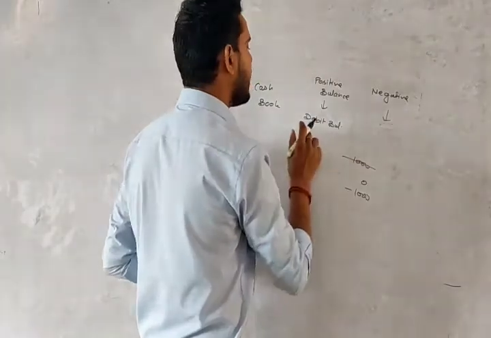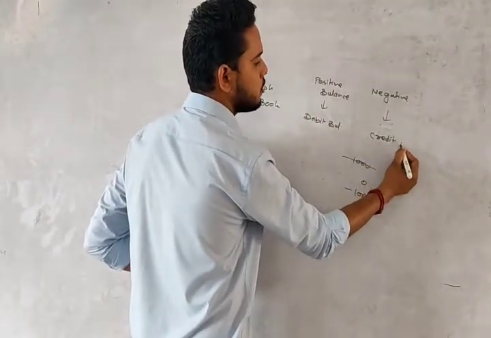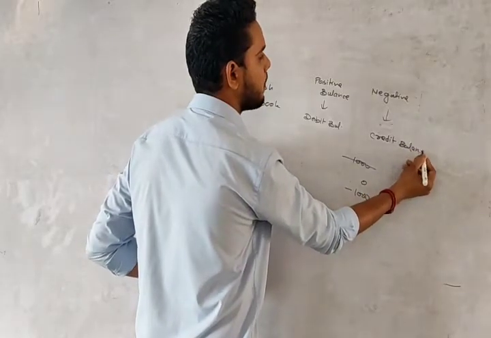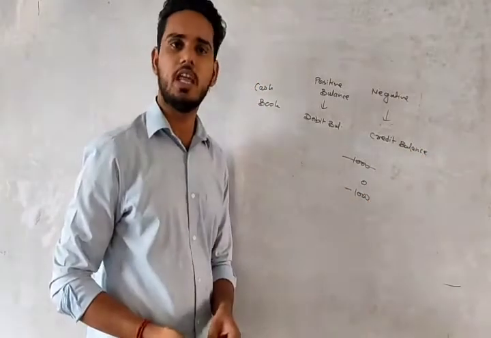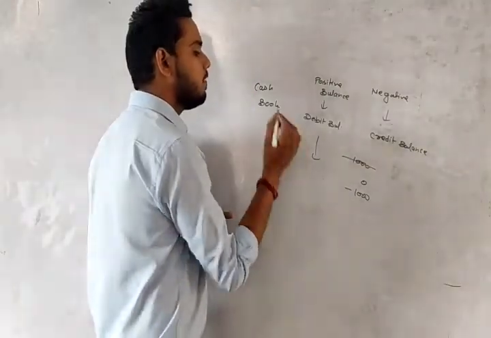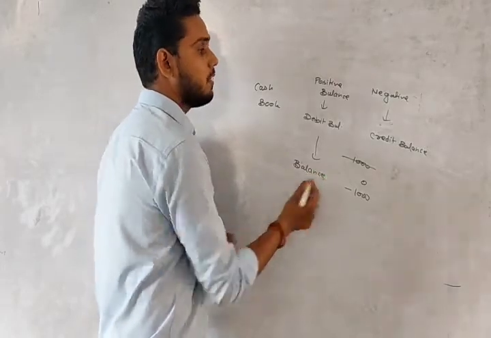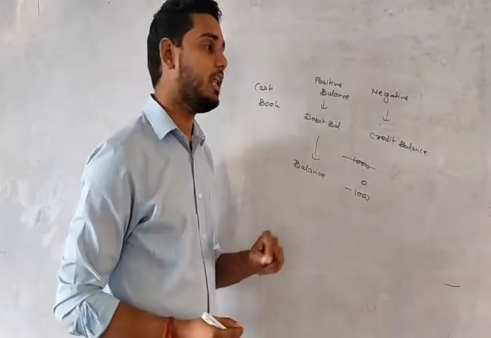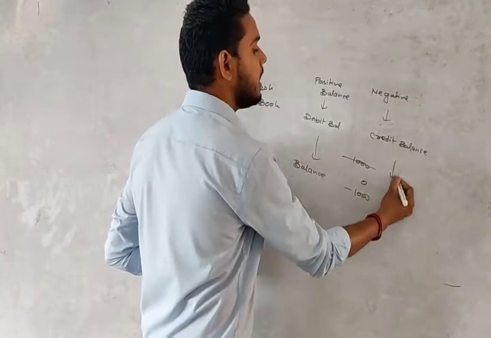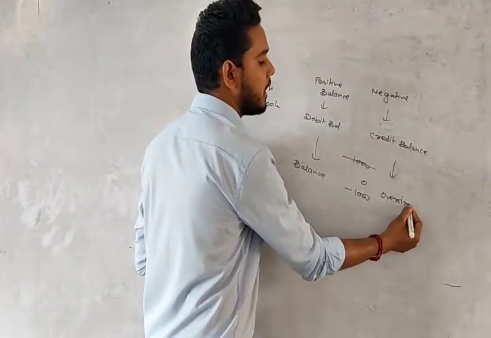Okay, and if we are having a cash book credit side balance, the credit balance of cash book is known as a negative balance. Whenever we have a positive balance, we say that we have a balance. But whenever we have a negative balance or credit balance, we say that we have not a balance, we have an overdraft.